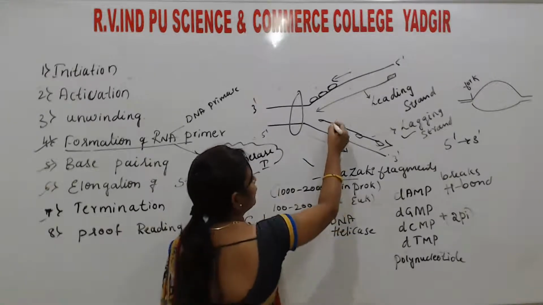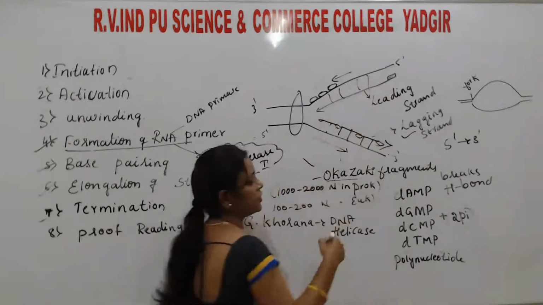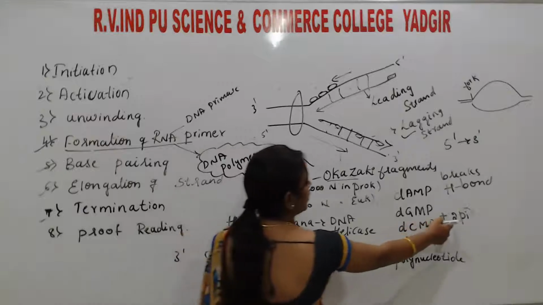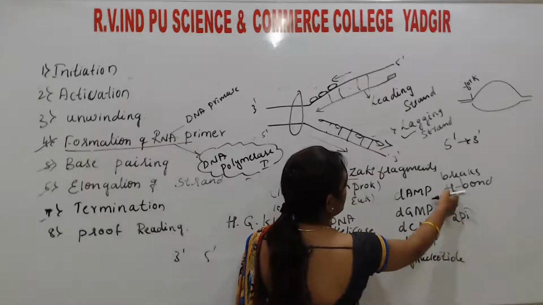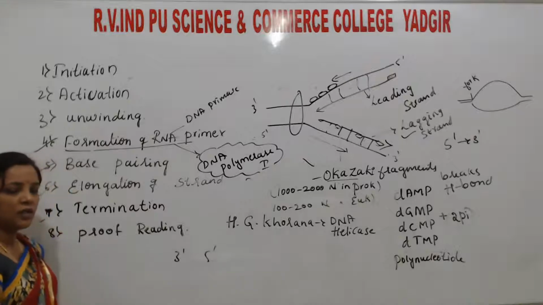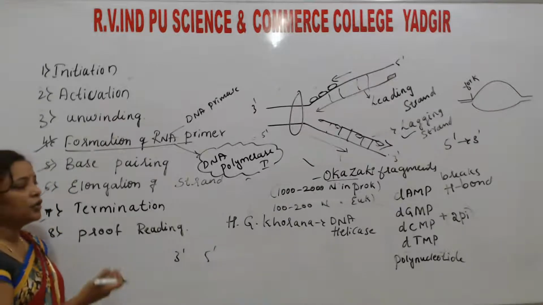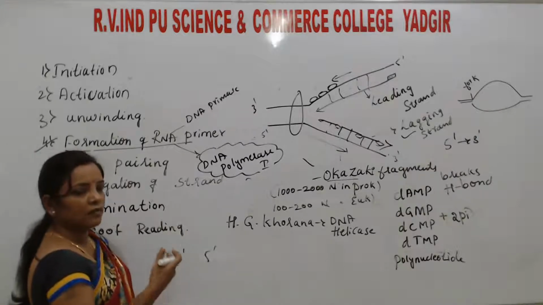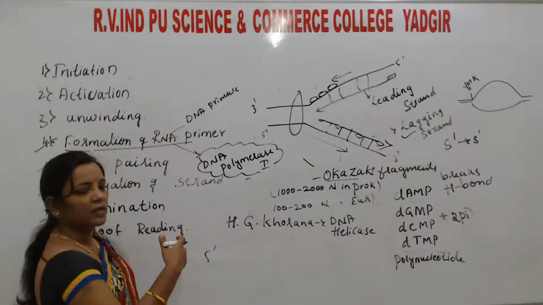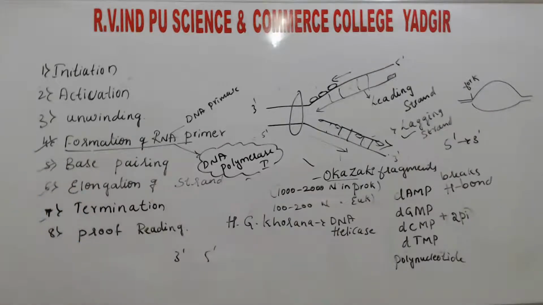The energy is produced through inorganic phosphate. It will help us form the hydrogen bond between the new and the old synthesized strands. And later, the topoisomerase enzyme will help them replicate and they will be separated. Okay, next.